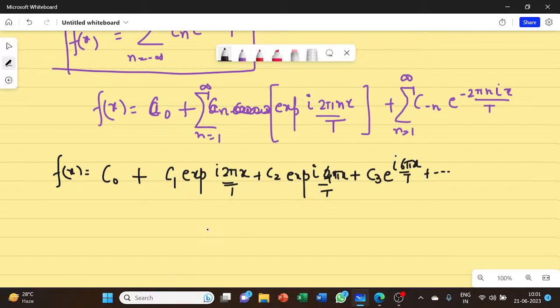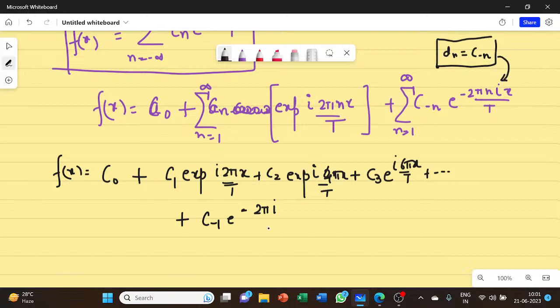Now you come to this point. If you place n equal to 1, you will get c minus 1, and then e to the power minus 2 pi iota x upon T. Instead of dn, I have written c minus n. So this is the change.